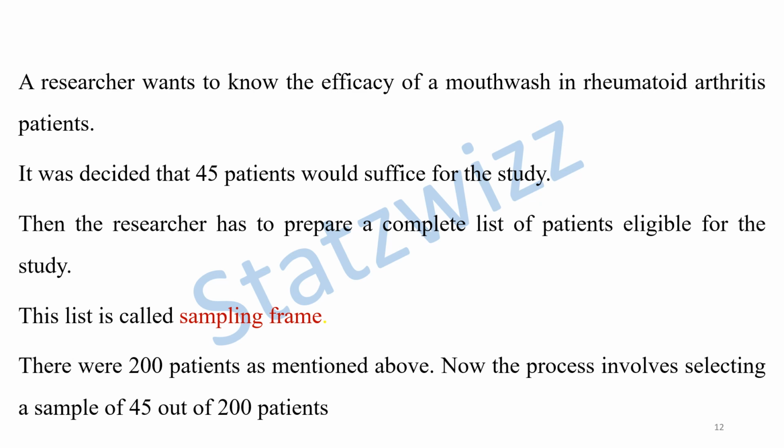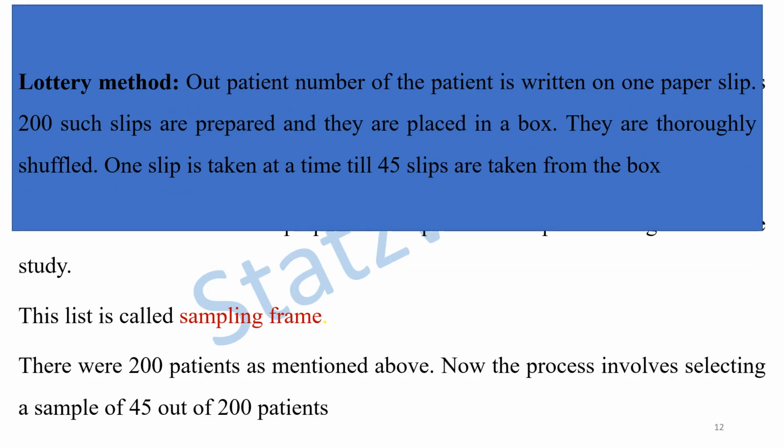Let us assume there are 200 patients in the sampling frame, and we need to select only 45 from the 200. We can go with the lottery method: write the names of all 200 people, put them in a bowl, mix, and take 45 slips from that bowl.